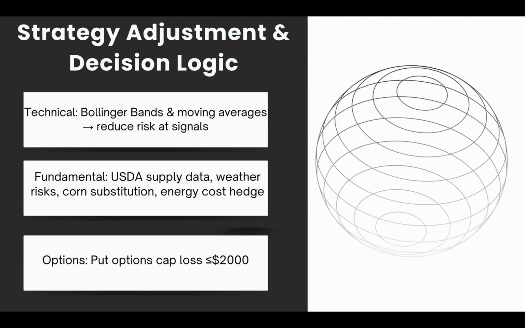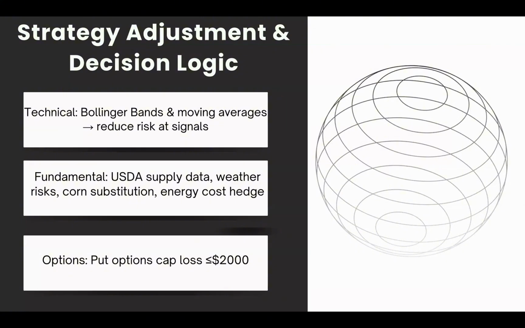Rising wheat prices boosted corn demand, justifying the inclusion of ZCZ5 as a cross-commodity hedge. Crude oil futures CLZ5 were included to hedge against higher energy costs that directly affect agricultural production.